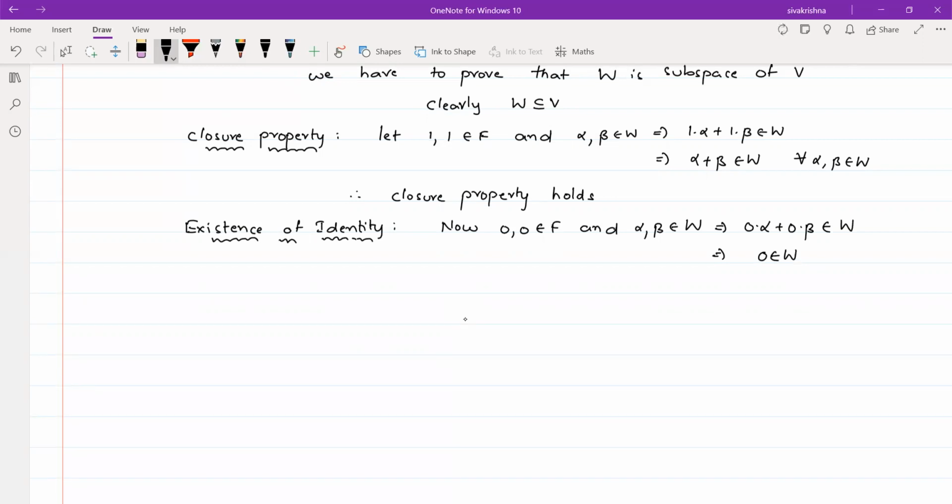In the identity property, we have to say that 0 belongs to that particular set. Yes, I have said that 0 belongs to W. So therefore the identity element is 0. Okay.